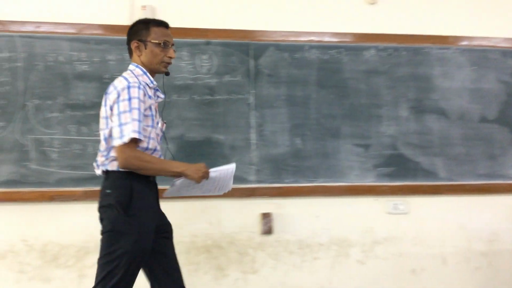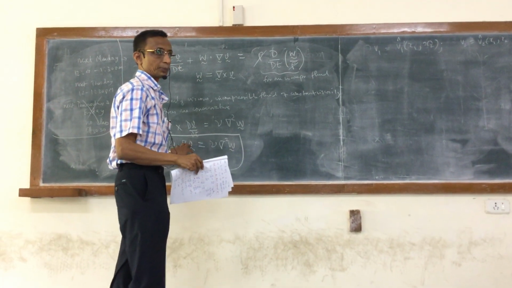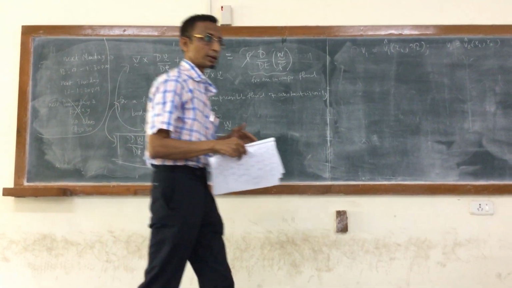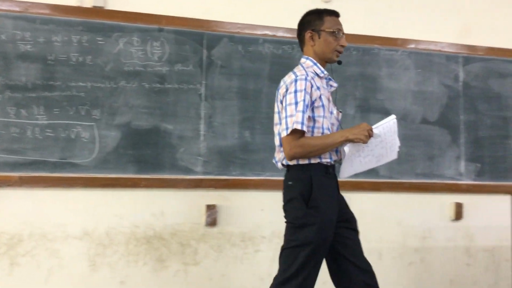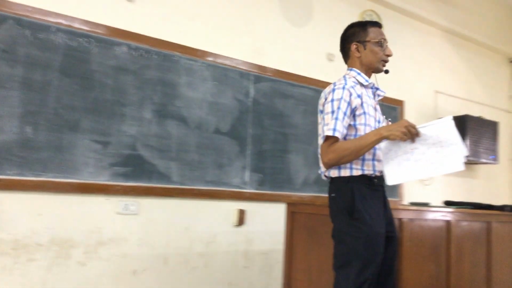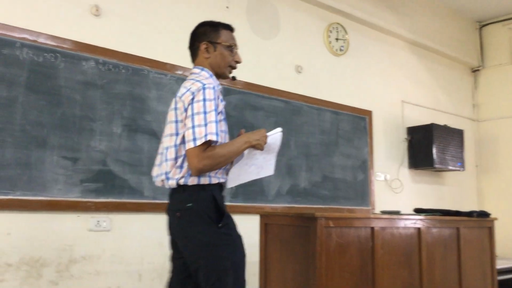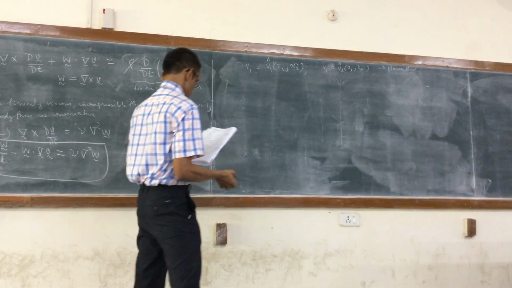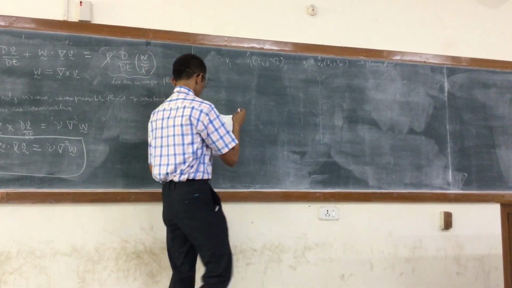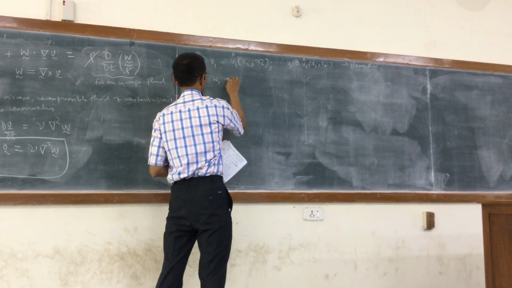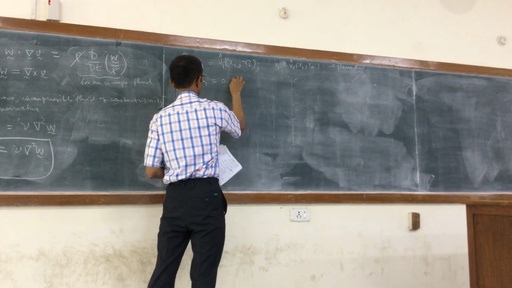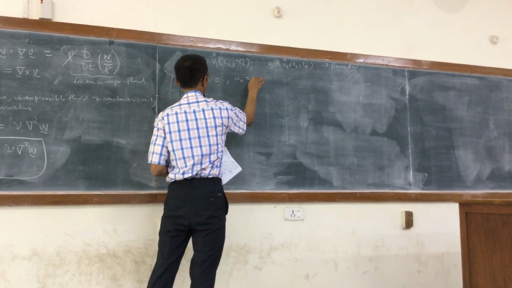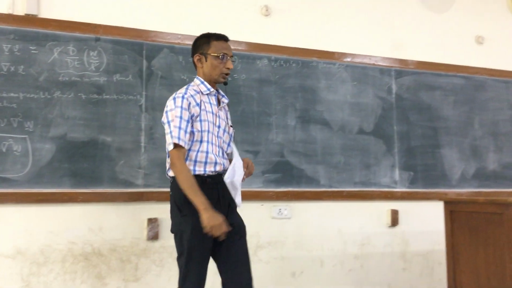For the special case of the planar flow, there is a simplification that will result. So the question is, why do we need the vorticity equation? We partly showed the simplifications that result when we use the vorticity equation rather than the equations of motion themselves directly. In that case, we showed that W1 is equal to 0 and W2 is also equal to 0.